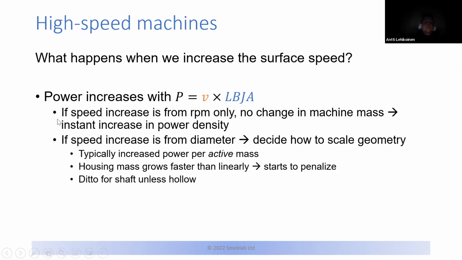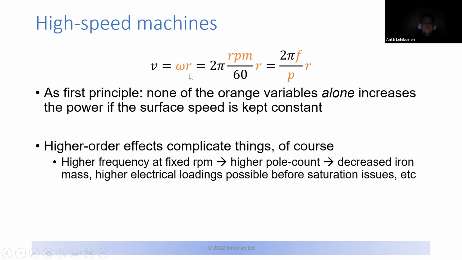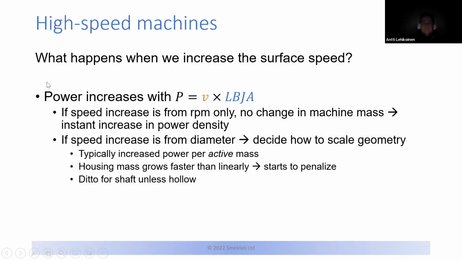If you simply increase the RPM here, nothing happens as a first order approximation. Of course, your machine will be spinning faster, so you need gearing and so on. And then there are mechanical issues that we will be seeing soon. But electromagnetically, nothing else happens. The frequency gets higher, and that's all.